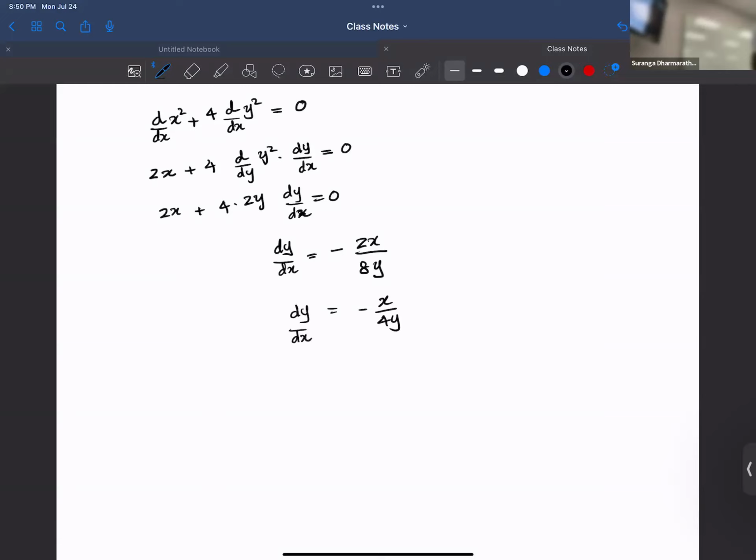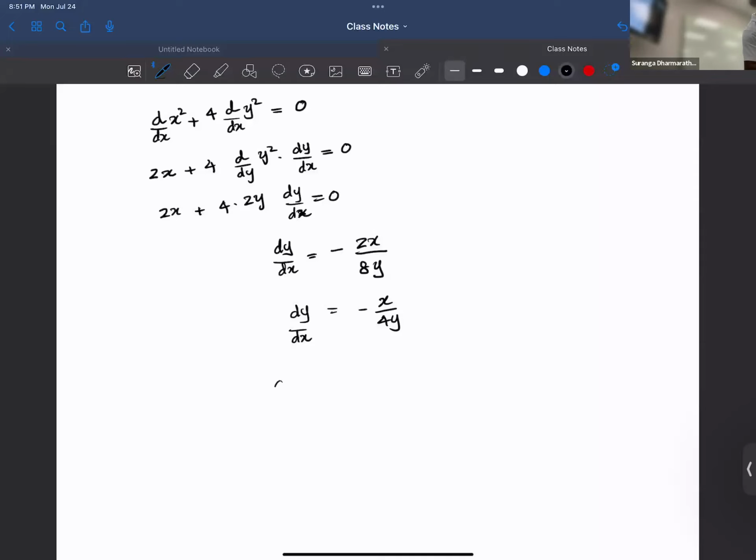That's dy over dx. So how do I find the second derivative? I have to differentiate it once again.